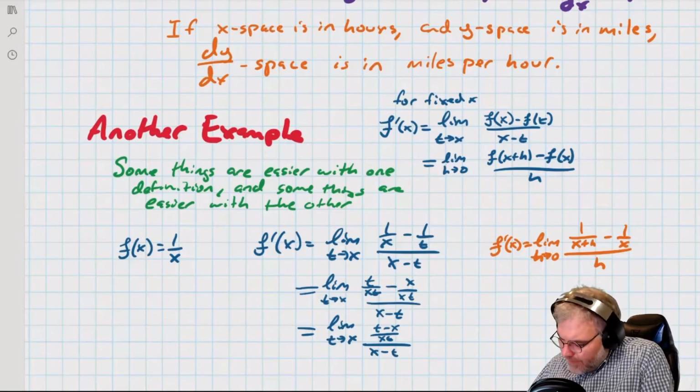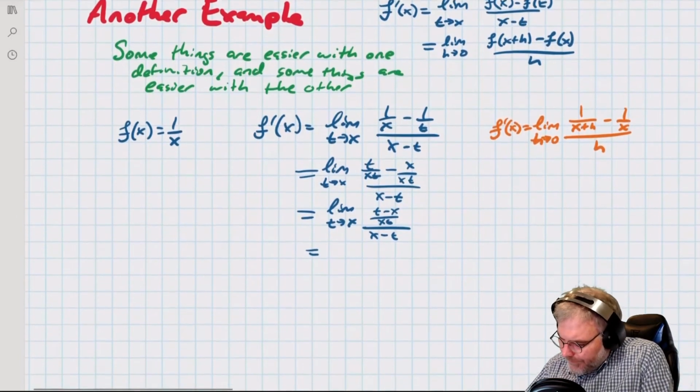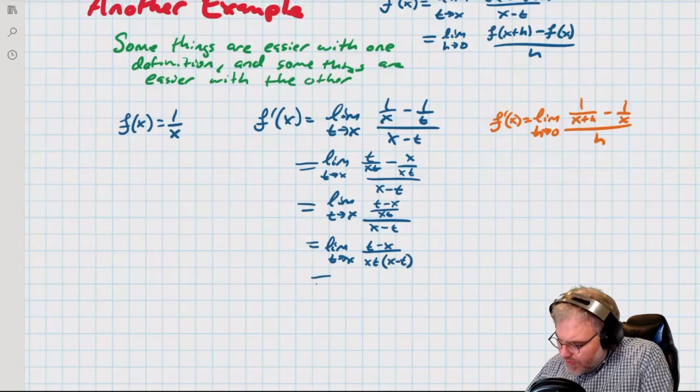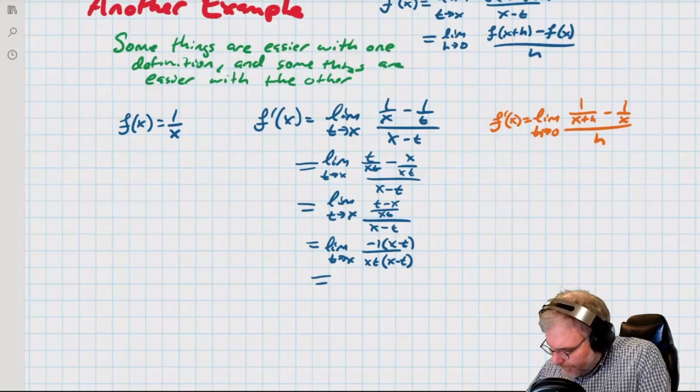Okay, which is going to wind up being the limit as t goes to x of (1/t - 1/x) over (x - t), which equals, now these things cancel, but I've got a -1 floating around. So let's put that -1 out here because I want this to be x minus t so that they cancel.